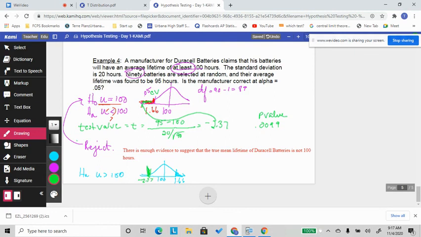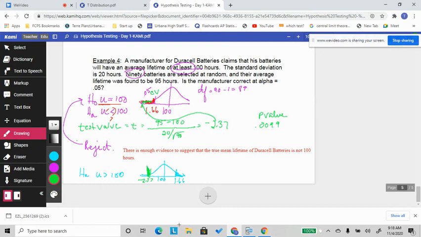One way to check yourself: if you do a hypothesis test and the shading is one side over here and you land over here, almost all the time you've done something wrong. If you're doing a one-tailed test and your shading's here, you should be landing on this side to compare. If you shade right and land left on the other side of the mean, this is probably wrong.